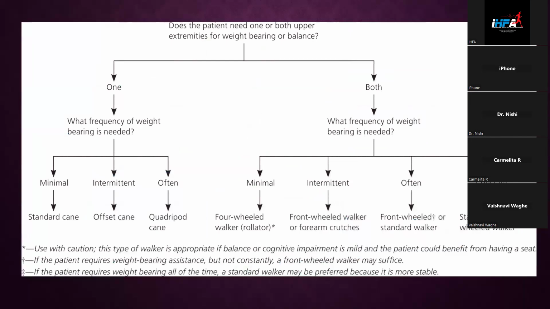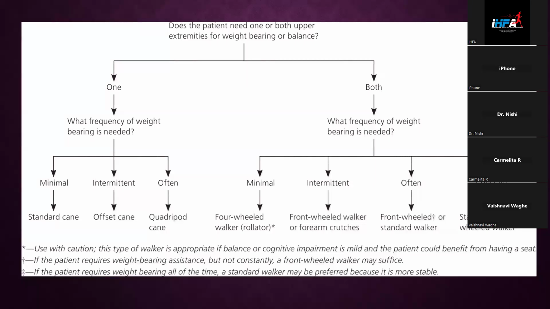This is one thing you need to understand: how we choose which kind of gait cane or walker is required. Does the patient need one or both upper limb extremities for weight bearing or balance? If they need one, what is the frequency of weight bearing? If it's minimal, a cane can be given.